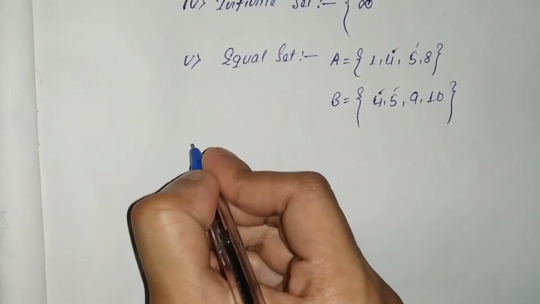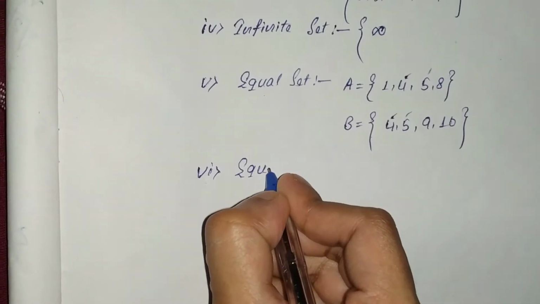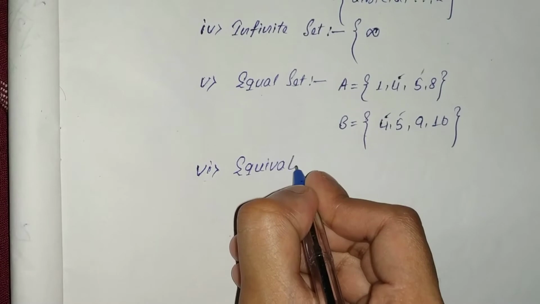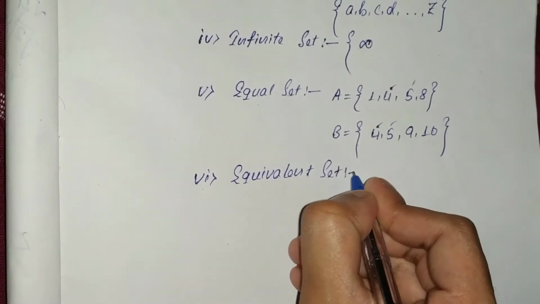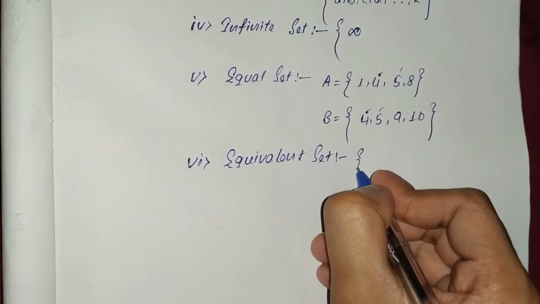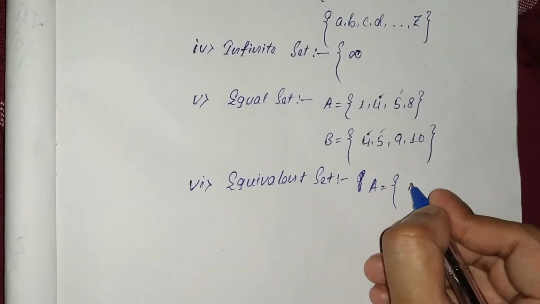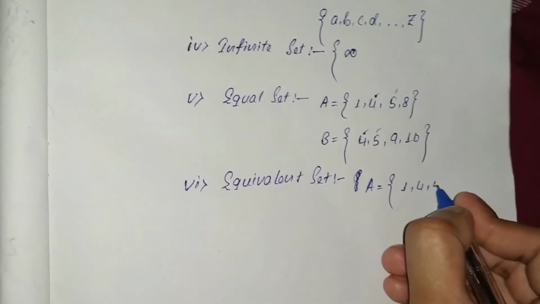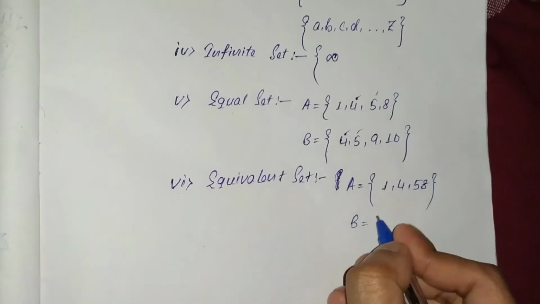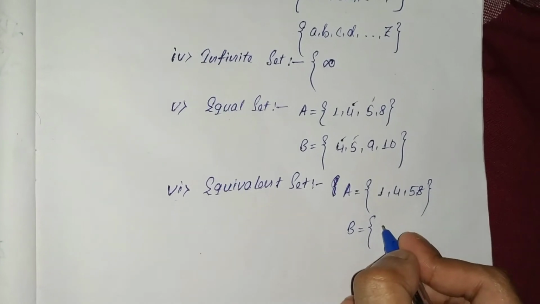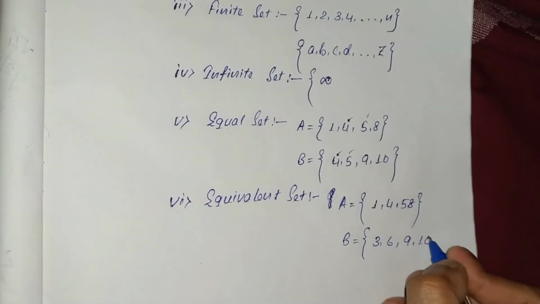Sixth is the equivalent set. Again we take a set A as an example: 1, 4, 5, 8, and set B: 3, 6, 9, 10.